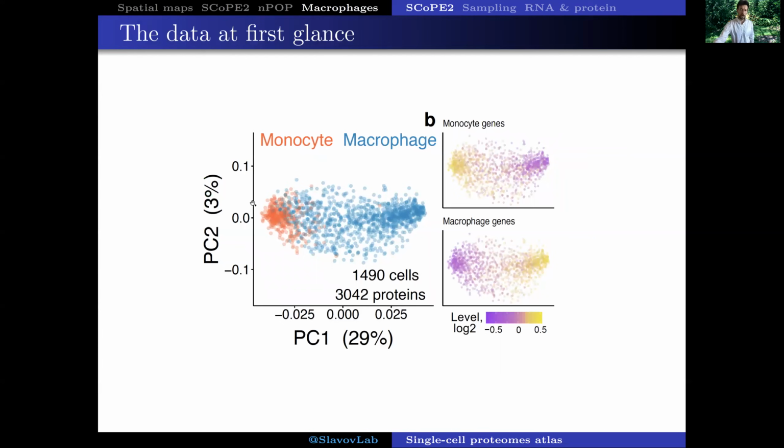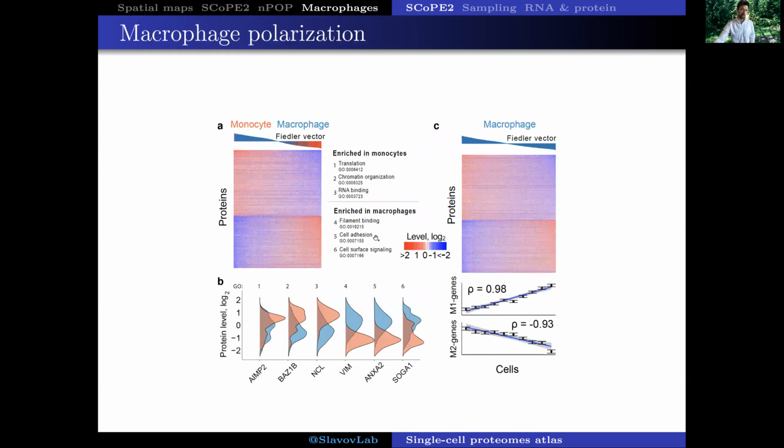In this case, the color coding here is based on the known cell type of origin of the cell. So we kept track of which cell is which during the sorting procedure, but we need not have done that, because if we were to color code the cells based on monocyte markers or macrophage markers, we again can recapitulate the identity of the clusters. You can also see potentially some heterogeneity emerging here in the case of the macrophages, which we're going to examine in more detail in the subsequent slides.